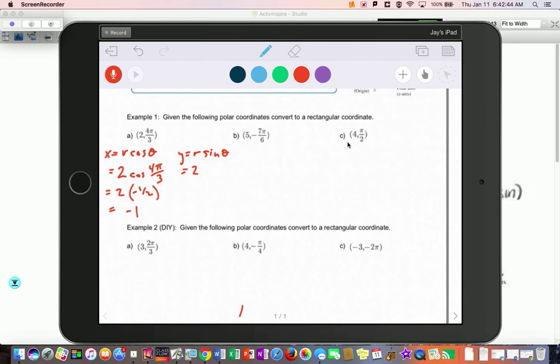R is 2 again, sine of 4 pi over 3. Now this time, the sine is negative root 3 over 2. So 2 times negative root 3 over 2, and the 2's will cancel out, and you're left with just the negative root 3. So my answer, this was R and theta. Now it's X and Y, and it's negative 1 comma negative root 3.